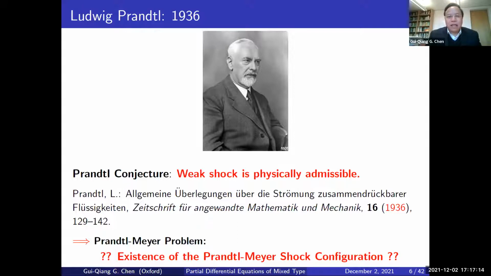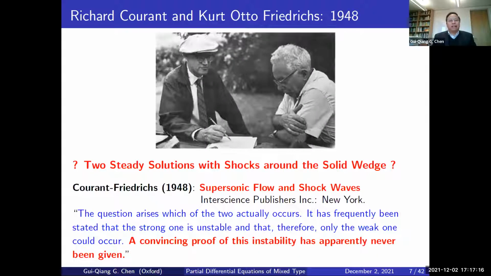This caught the attention of Courant and Friedrichs when they wrote their book on supersonic flow and shock waves. They spent quite a long two sections discussing these oblique shock solutions, and they also documented the analytical and experimental results before 1948.